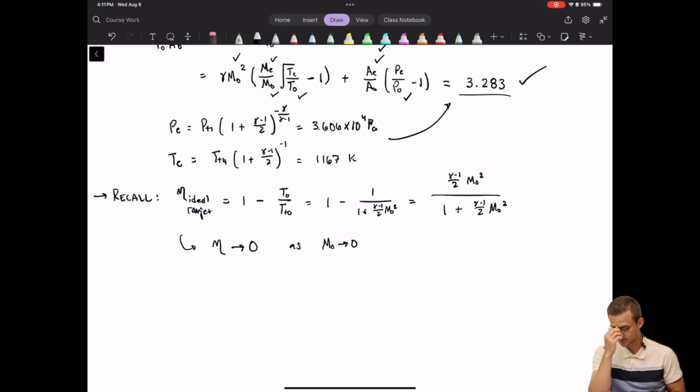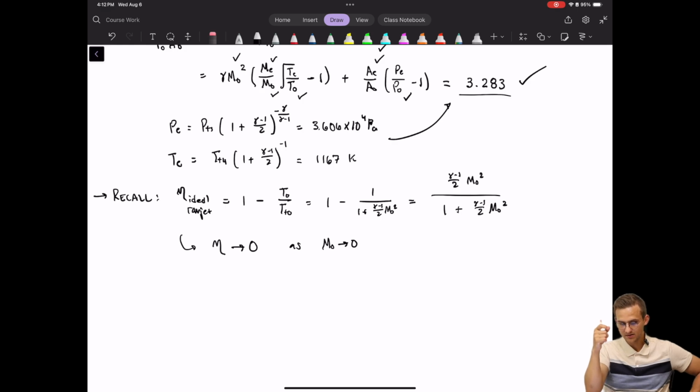And if you look at, for example, the Rayleigh flow tables at the back of the Zucker and Biblarz textbook, you can see that P over P star, or PT over PT star, which is really telling you how much the stagnation pressure is going to change between a certain state and, if you add more heat, all the way up to the sonic velocity, actually doesn't change very much for all of the small entrance Mach numbers, like between M equals 0.1 and M equals 0.15, for example.